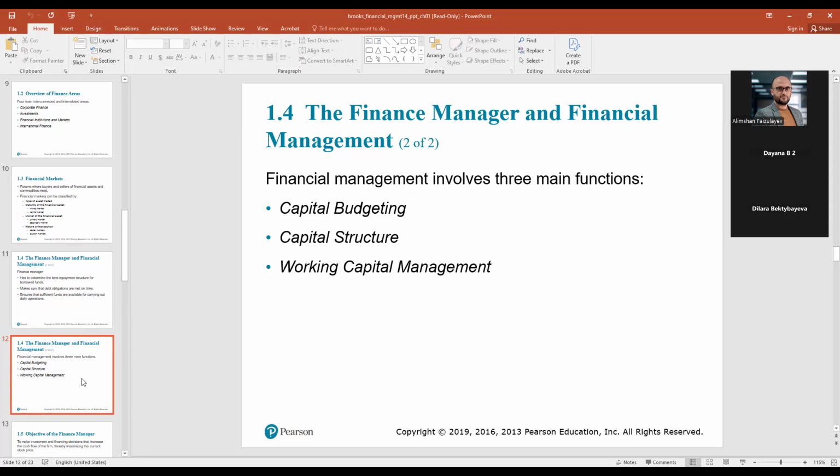The second role of the financial manager is to find the source of financing. Okay, you identify the project, but where do you get the money from, how do you finance your project? Is it borrowing or is it equity? Is it your parents who are going to invest in your project? Is it your friends? Whoever invests, you should identify.